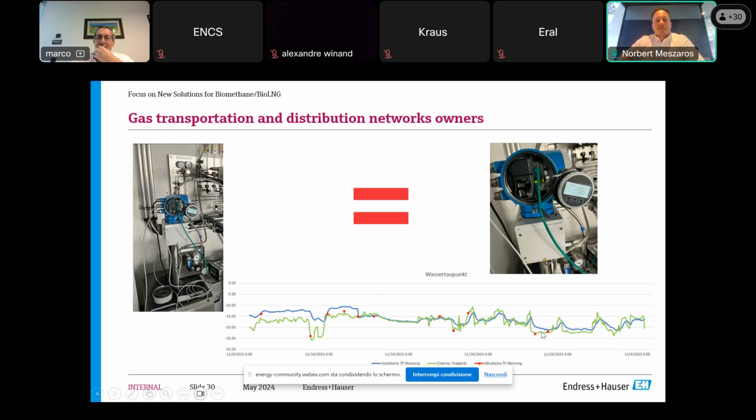However, the very fast reaction time you can see in the figures, and also the changes. So much more reaction, generally said, and it could be useful because in the future we are expecting more and more injection points into the natural gas grid.